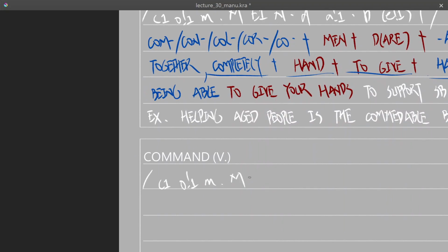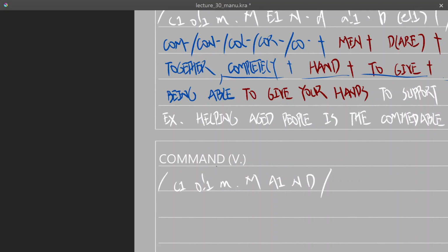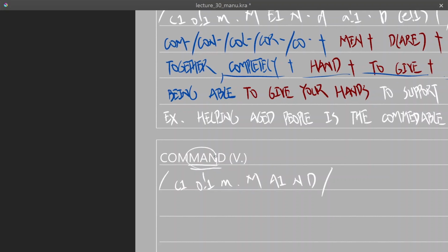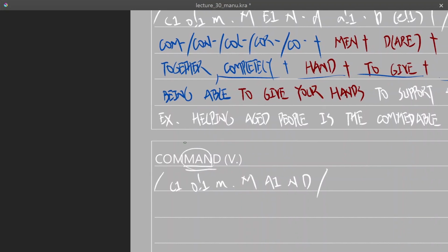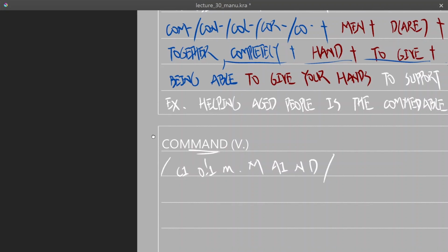Alright, next we have command. Since we have a singular man, just one man, it's harder to control a man's mind or a man's behavior. So command.